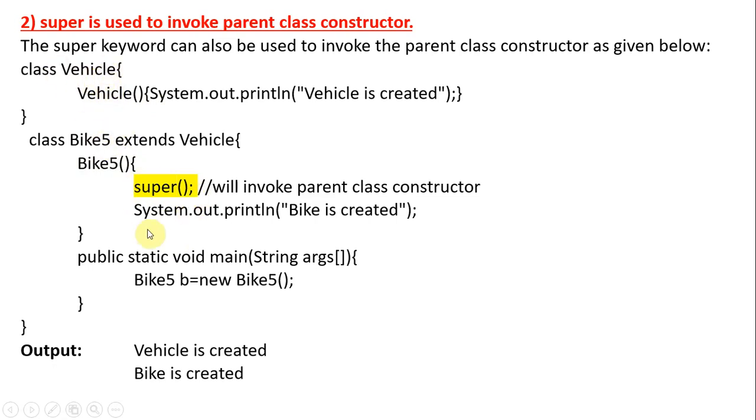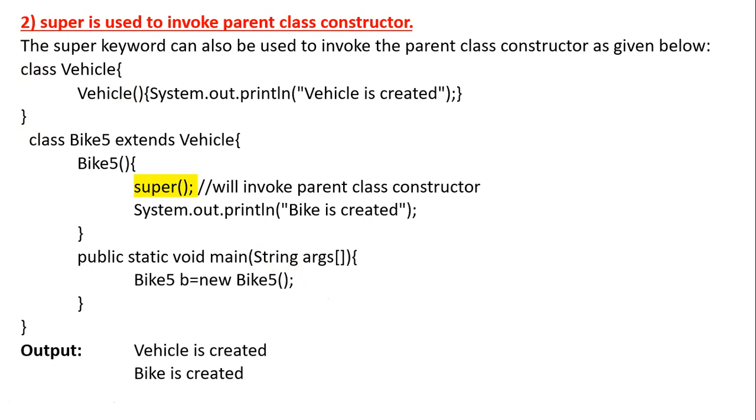So what we did here in the main method: we created an object for the subclass, right? If you create a subclass object, you are actually calling the subclass constructor, not the superclass constructor.